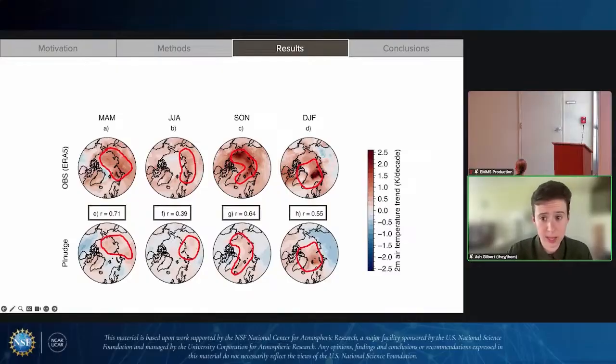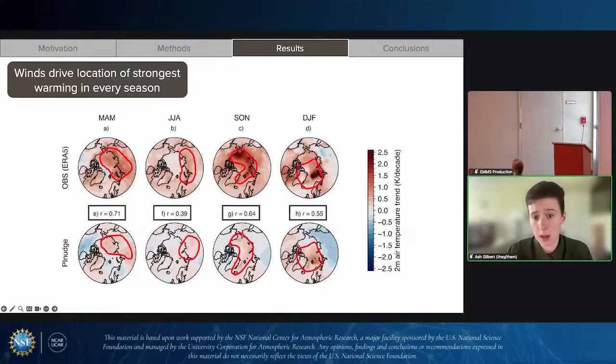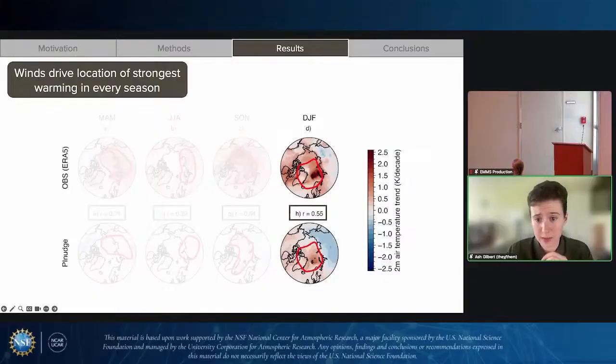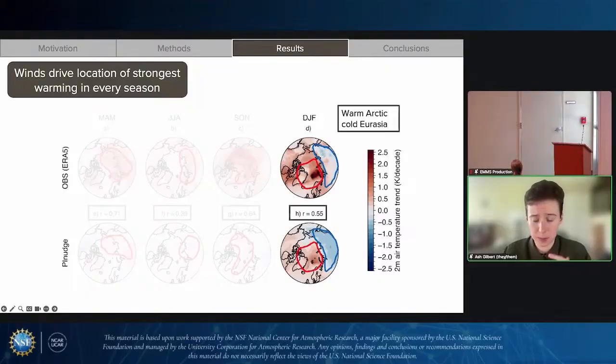If I were to focus in on DJF briefly here, we have this pattern of warm Arctic, cold Eurasia. We do see this pattern in observations, but some of the research is still divided on whether this is forced or internally driven. Given that our wind nudge experiment is reproducing this pattern, we suggest that this pattern is internally driven.